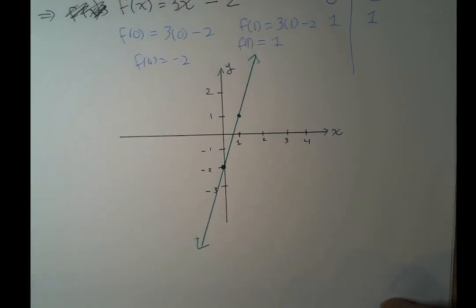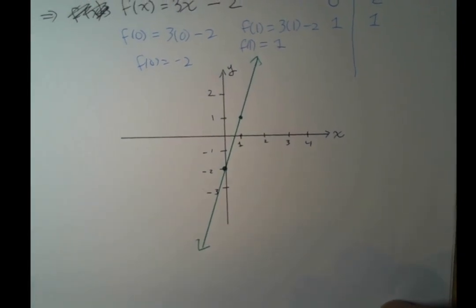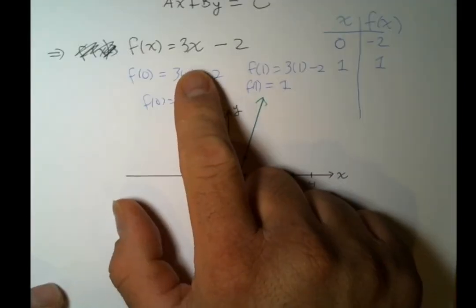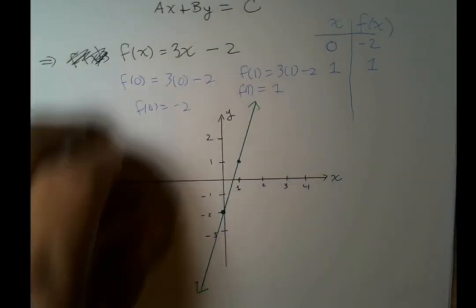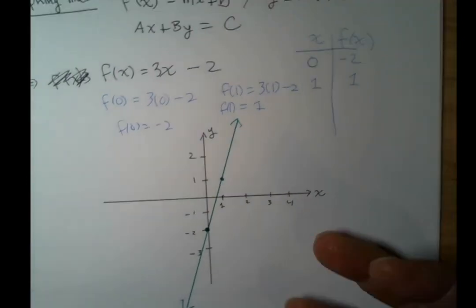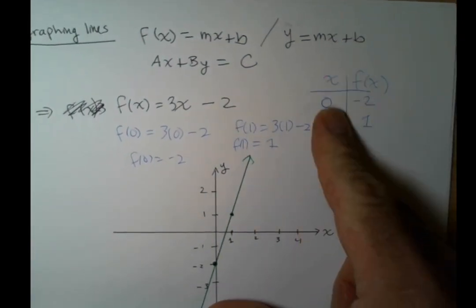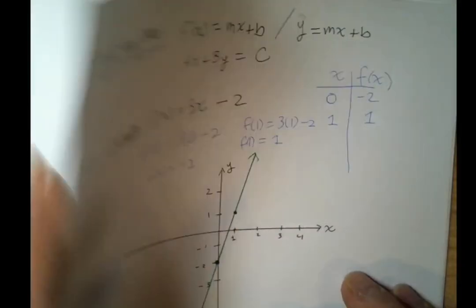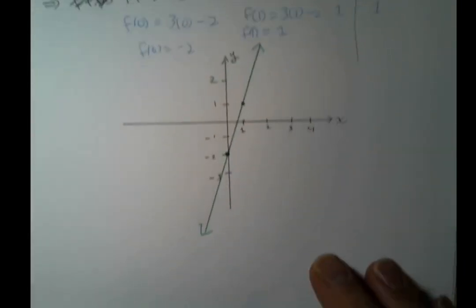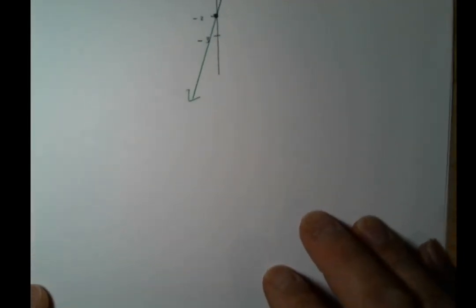Another way to approach this, especially if it's given in slope-intercept form, is one where I'm not going to do any calculations. Let's use this room down here.